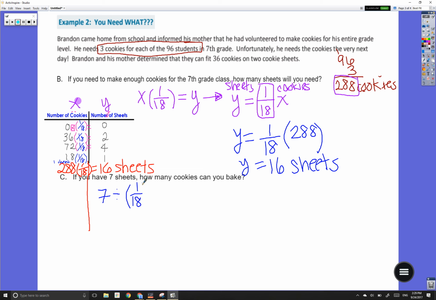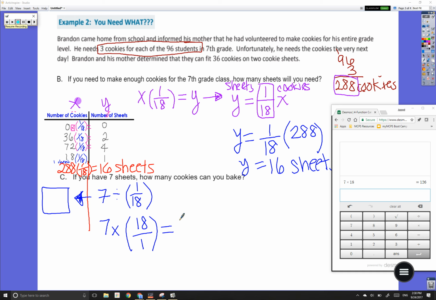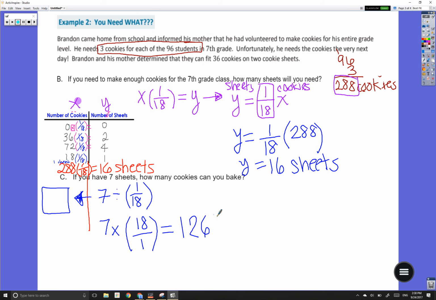I would have to use the inverse operation of multiply because I'm going backwards to figure out this value here. So 7 divided by 1/18th is the same as multiplying by 18 divided by 1. We're using the multiplicative inverse, and that should give us 126, and in this case, I'm looking at cookies. Okay, so that's one way to do it.